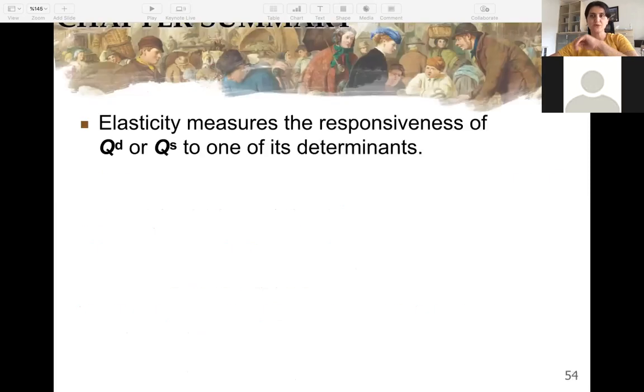So what we have learned in this chapter: elasticity measures the responsiveness of quantity demanded or quantity supplied to one of its determinants. Basically we did the price change, but for demand we also looked at income and the price of the other good.